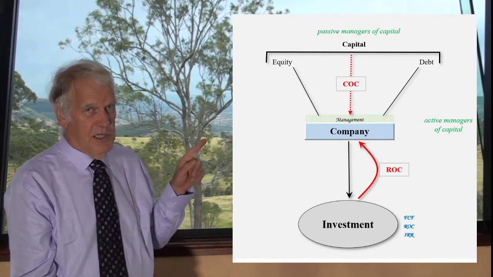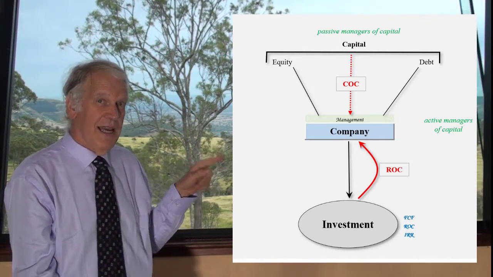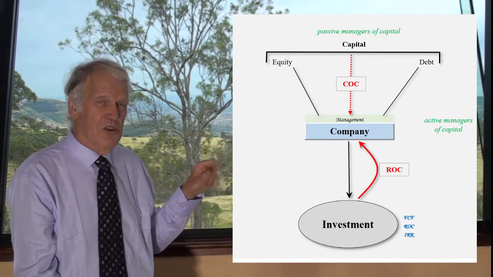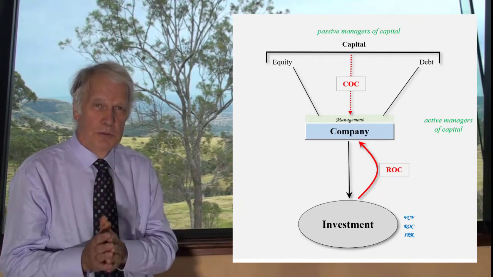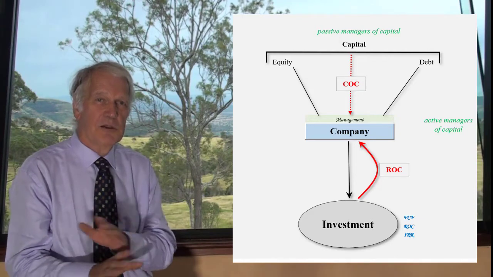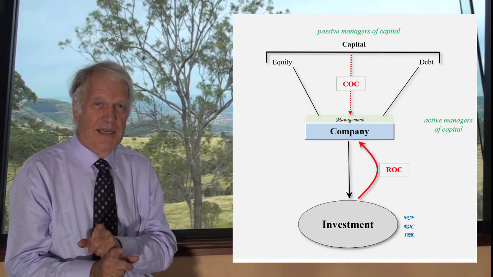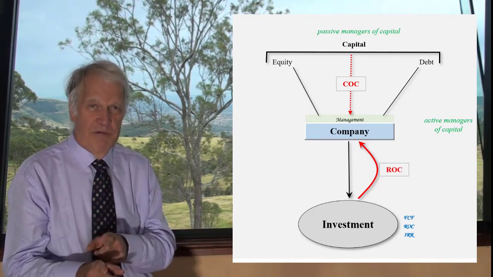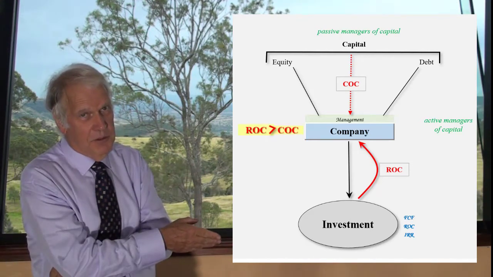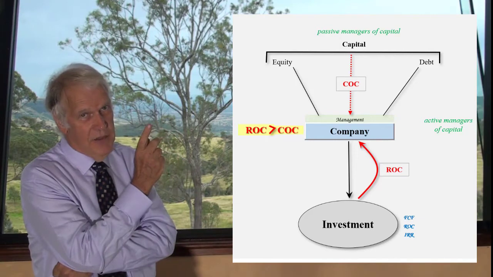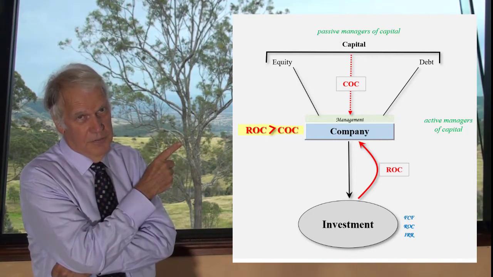But if you put yourself in the position of one of these active managers of capital, a decision maker at a company, there is a simple rule that guides every single decision that you ever make, every day of every week. And that is that the return on capital be greater than the cost of capital.